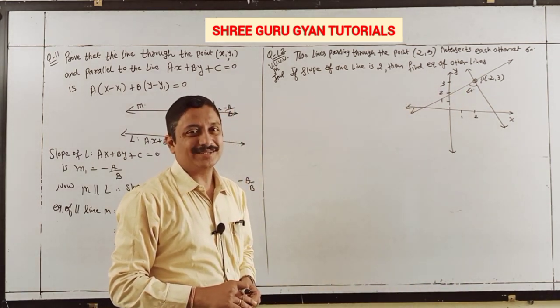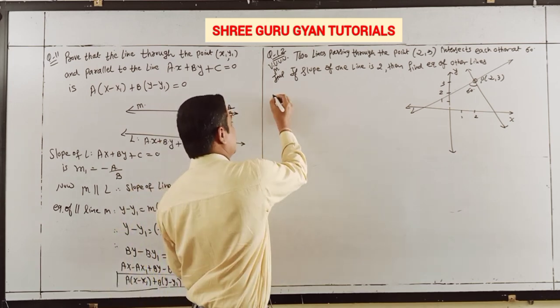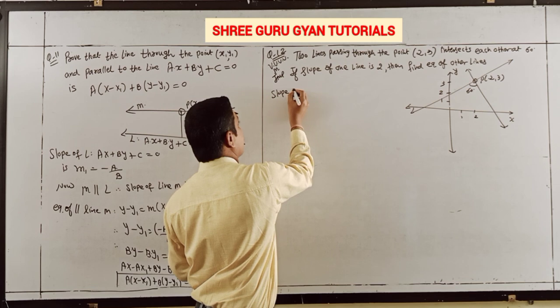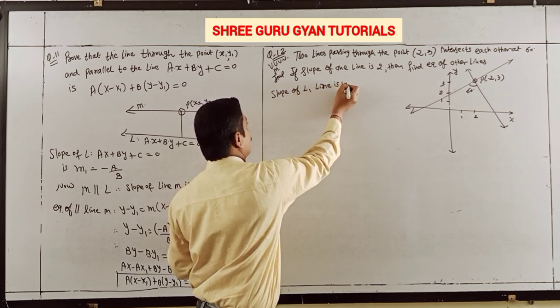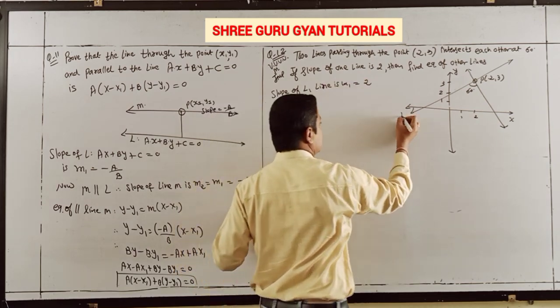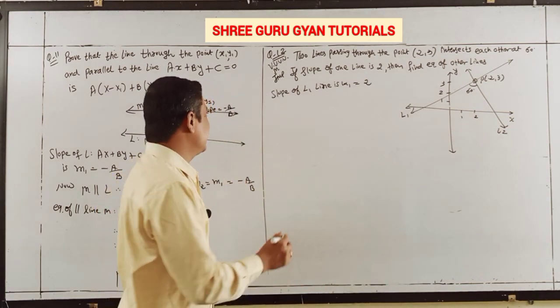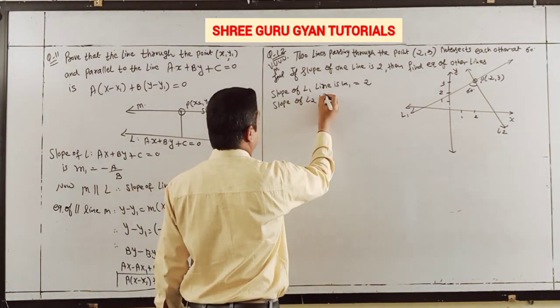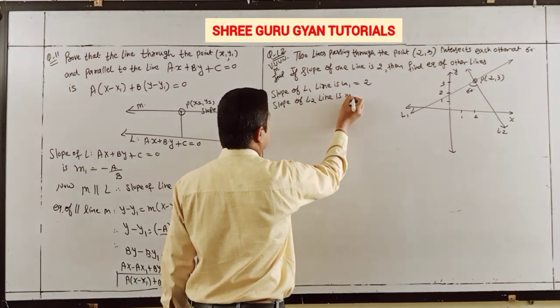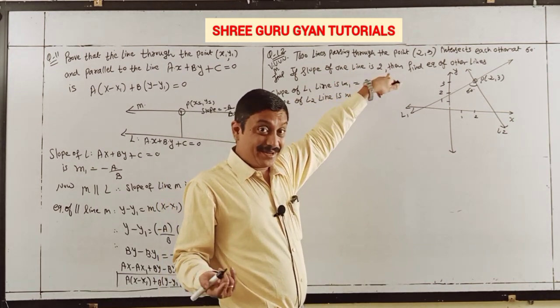I assume one slope is m1 and the second is m2. The slope of the L1 line is m1, which is 2. This is your L1 line and that is your L2. The slope of the L2 line is m2. The slope of the first line is 2, which I take because it is already given.